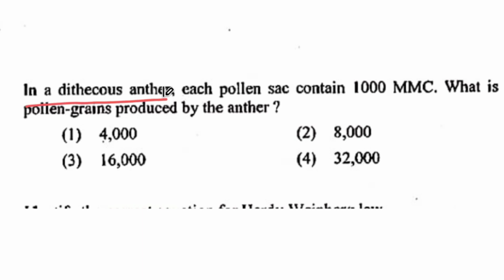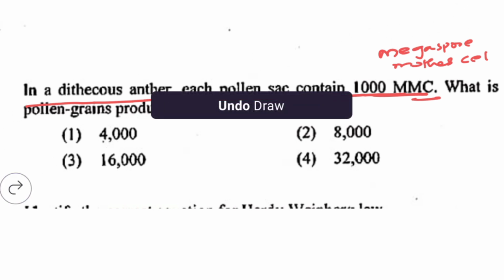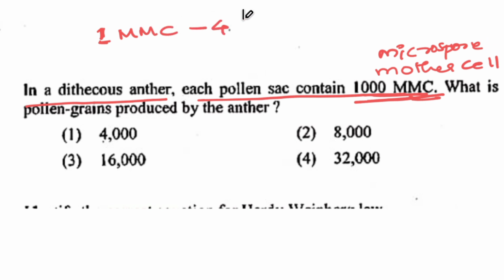In a dithecous anther, each pollen sac contains 1000 MMC, that is microspore mother cell. What is the total pollen grains produced? If a pollen sac contains 1000 MMC, 1 microspore mother cell will form 4 spores.